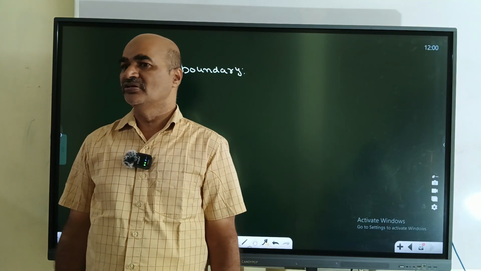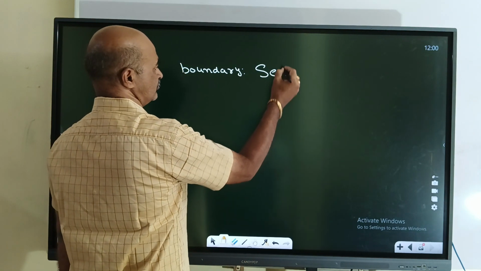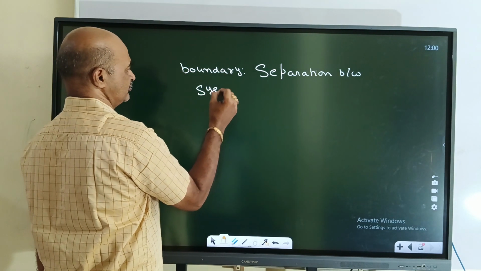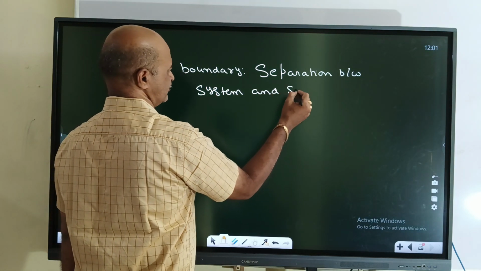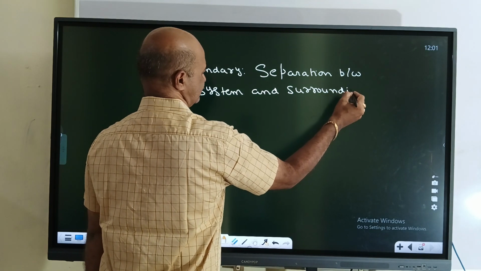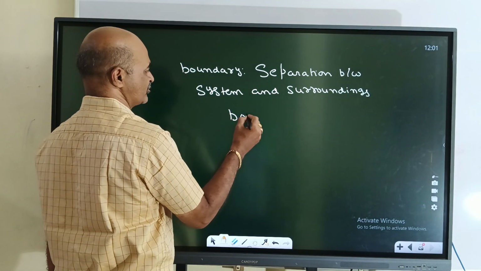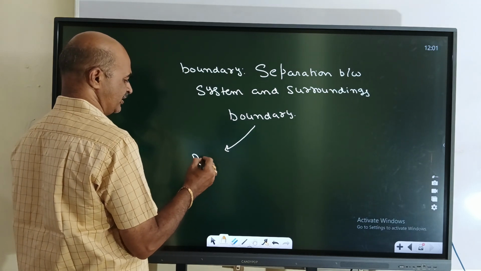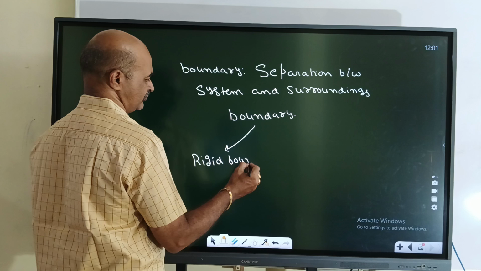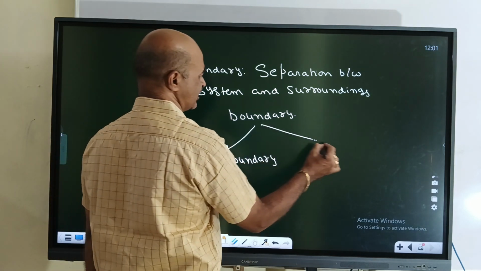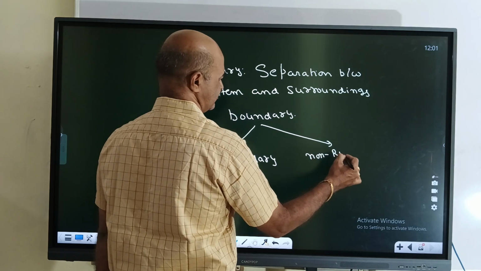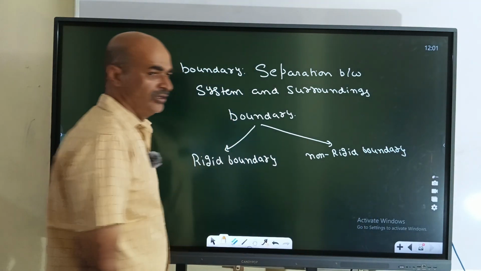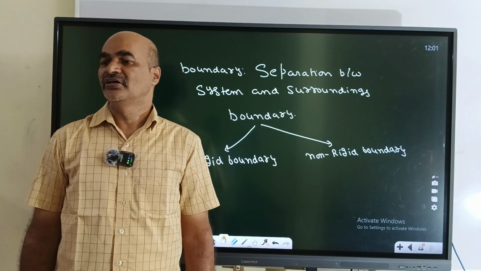Boundary has two types. One is rigid boundary, and the second one is non-rigid boundary.